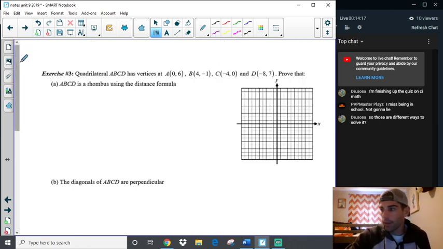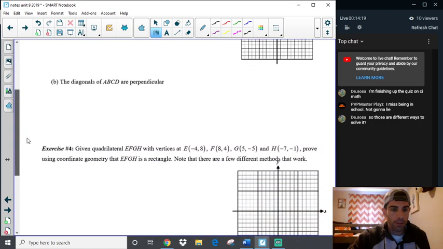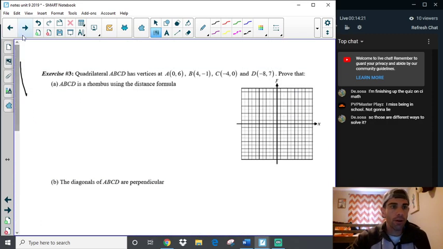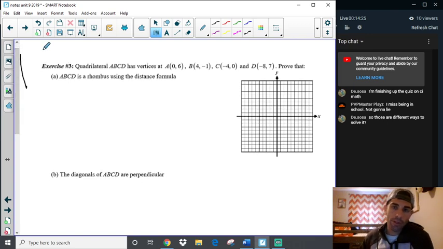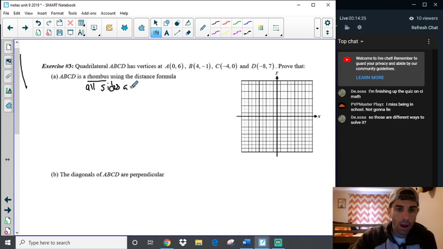Okay, and then exercise 3 and exercise 4 are very similar in that they are asking the same thing, but just with different quadrilaterals. So now we're looking at a rhombus. So what do we know about a rhombus? Well, in a rhombus, all sides are congruent. But who else has all sides congruent?